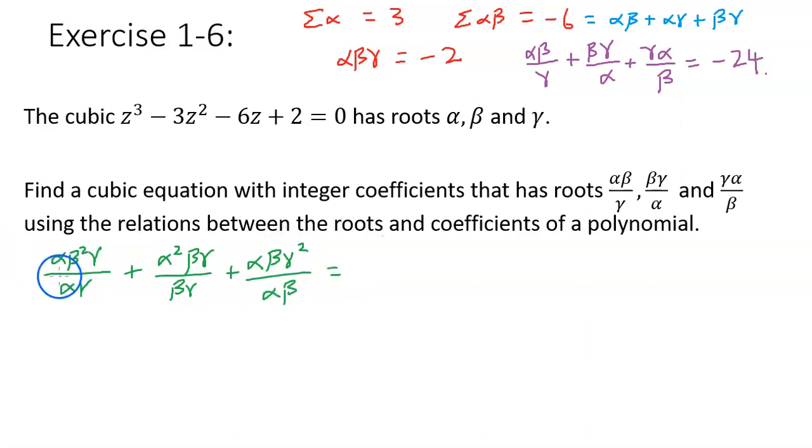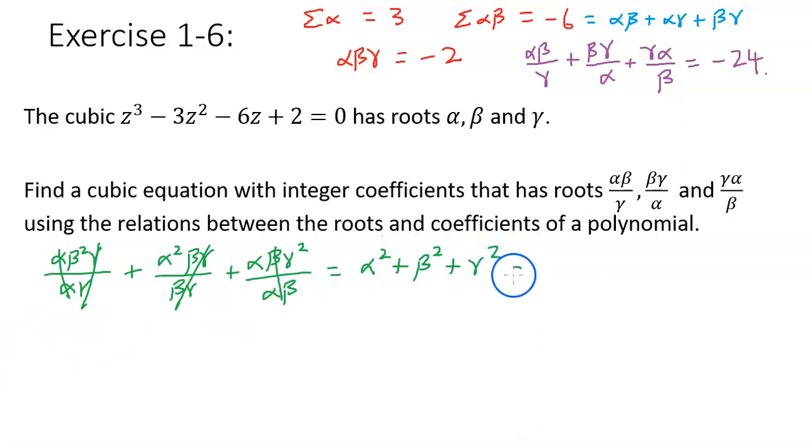Alright, and we can clearly see that there's a lot of cancellations. So we're just left with alpha squared plus beta squared plus gamma squared. And we can find that fairly easy.